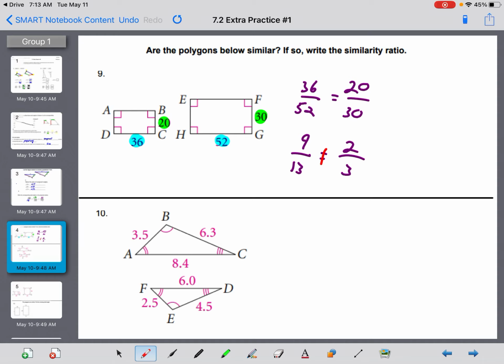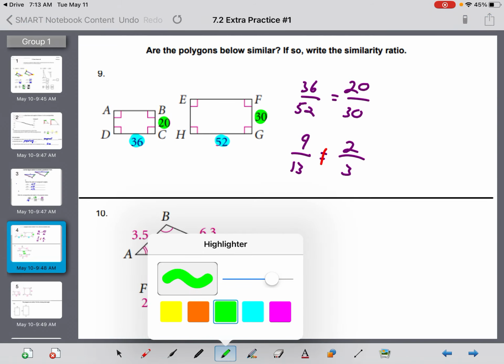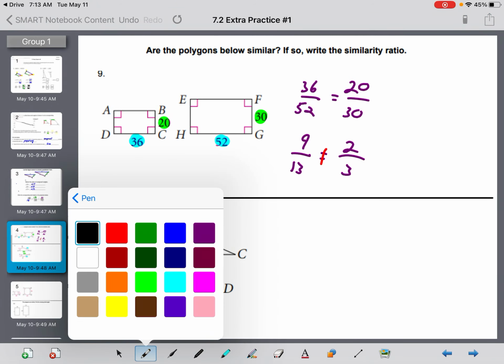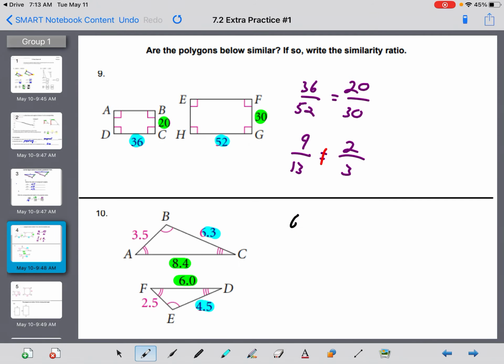Okay. Now, if we were to match up in the second figure, triangle FED is flipped over. Well, 6.0 would pair with 8.4, right? And then we could pick any of the 2 pairings they give us. I'm going to use 4.5 and 6.3. So, 6.0 over 8.4 needs to be equal to 4.5 over 6.3.